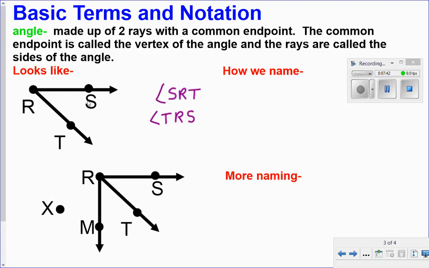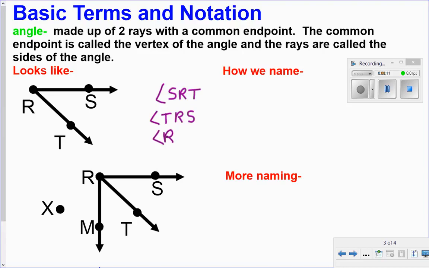That's also a good name because I'm starting at T, R is the vertex in the middle, and then S. Now, this angle also has another name, and we can simply use 1 letter rather than 3. The 1 letter we would use is the vertex. So I could also call this angle R.